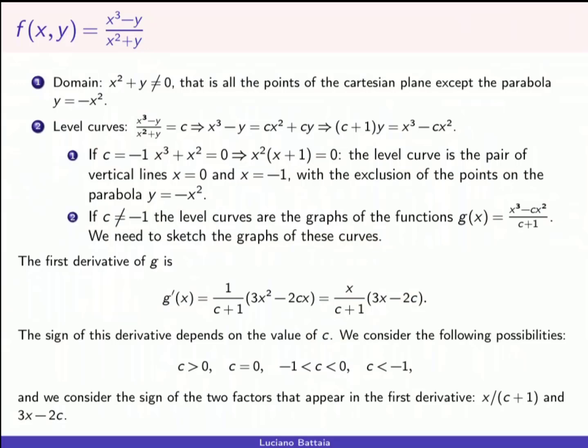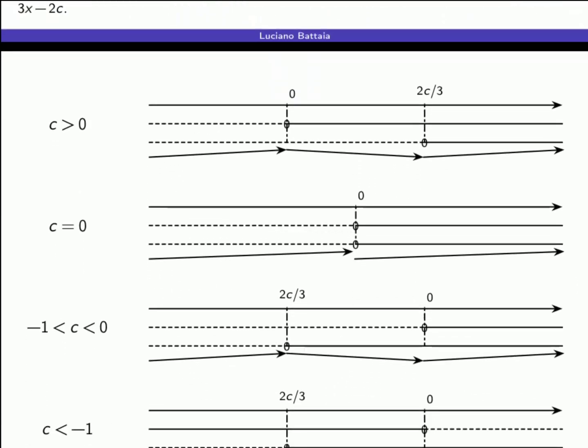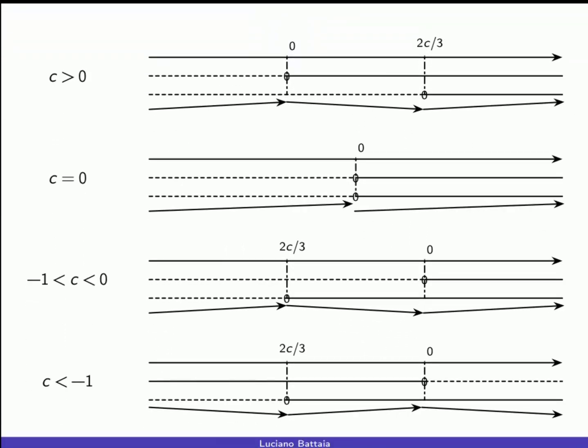We consider the sign of the two factors that are in the first derivative, this and this. The signs are represented here. This is a straightforward calculation. There is no need to make observations.